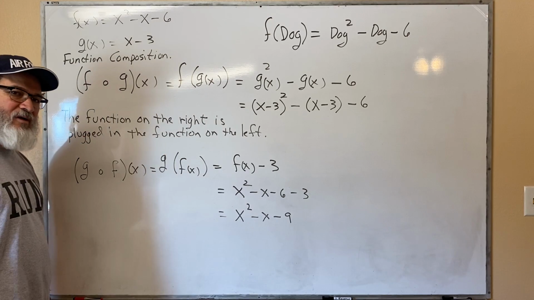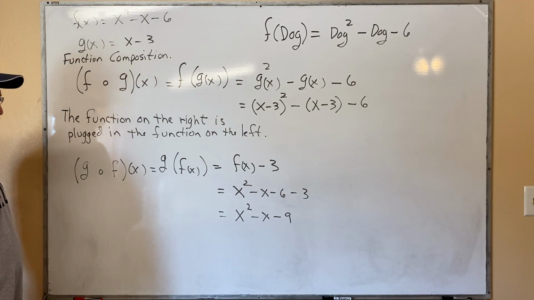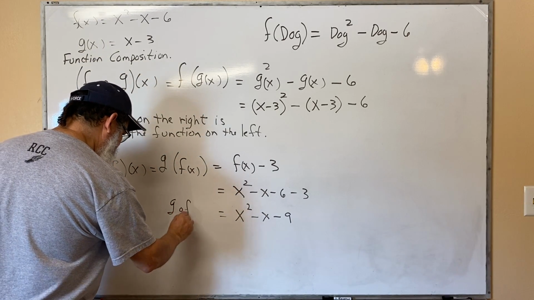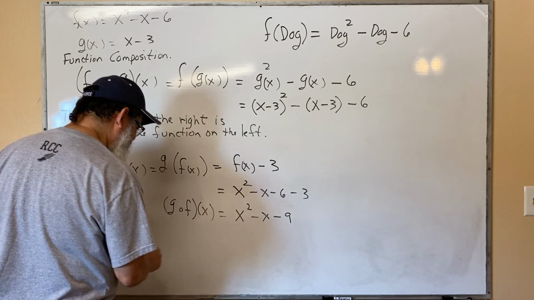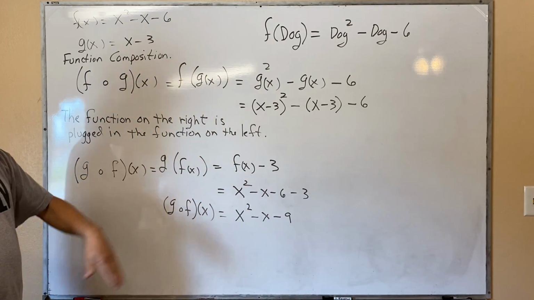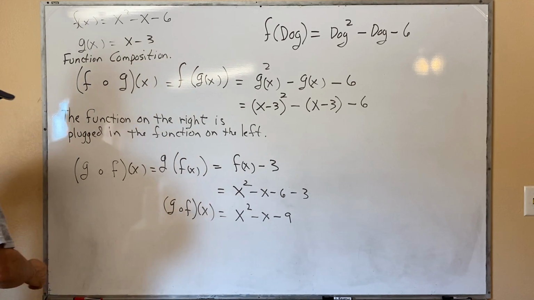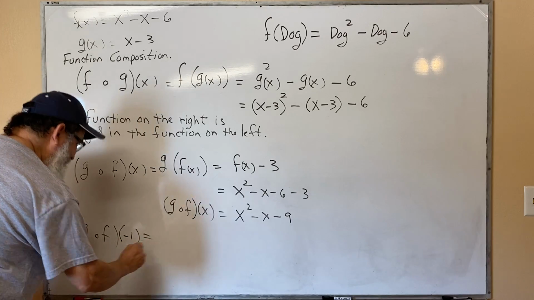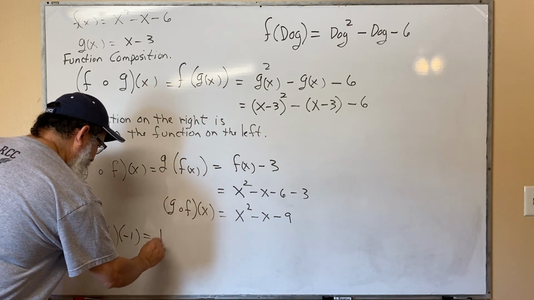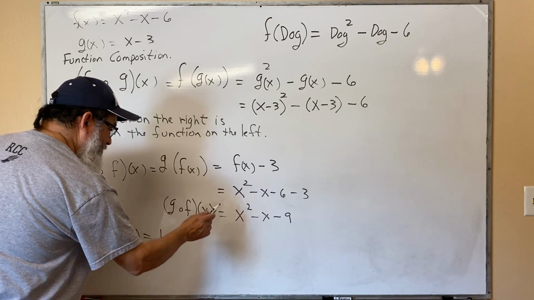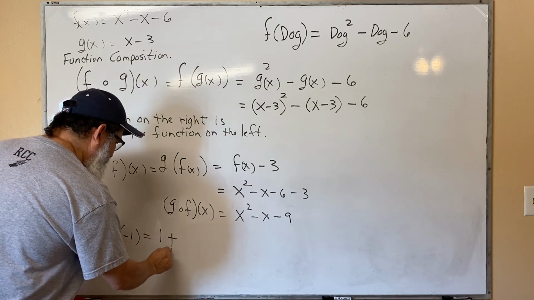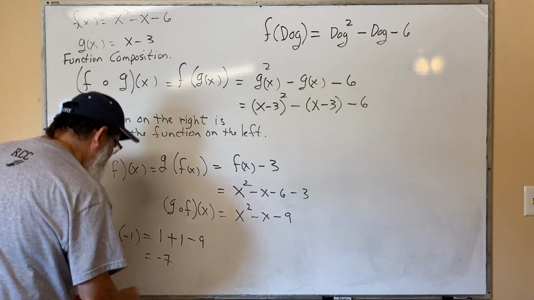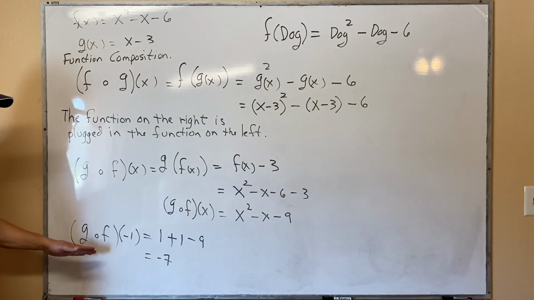There you go. Okay, that's g of f of x. There you go, guys. Now I can ask the question, what is g of f of -1? And that's -1 squared, which is 1, minus -1, plus 1, minus 9, which is what? -7.